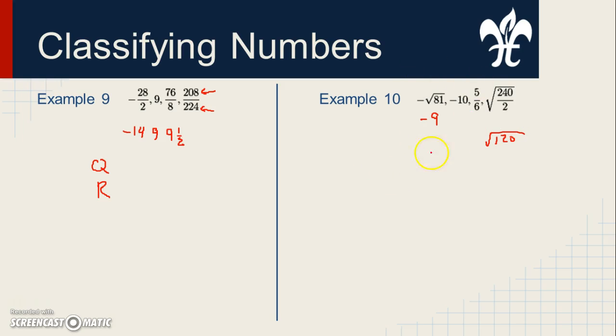So this set is probably the most tricky because in this set we have an irrational number. This is irrational, can't be simplified. And then we have these rational numbers. So we can't classify them as irrational numbers or rational numbers because they have both, and they're mutually exclusive. They're separate sets that don't overlap. So these are just simply real numbers.